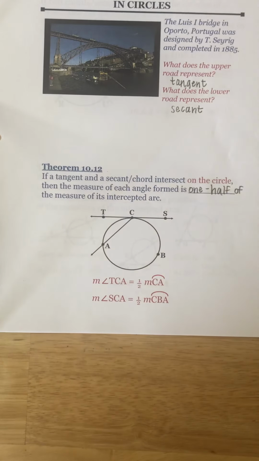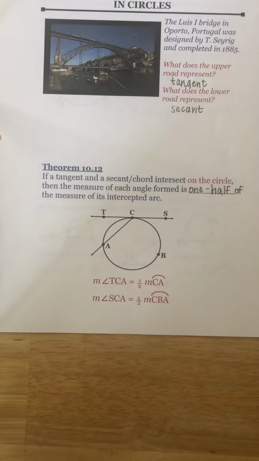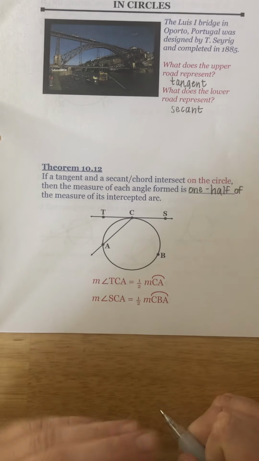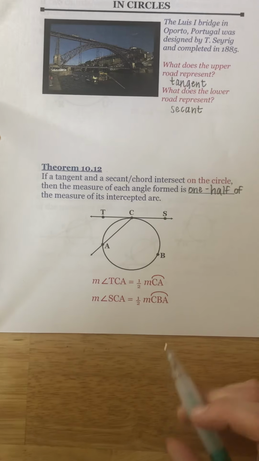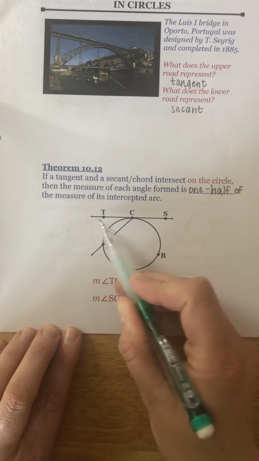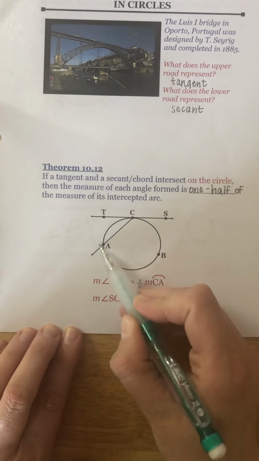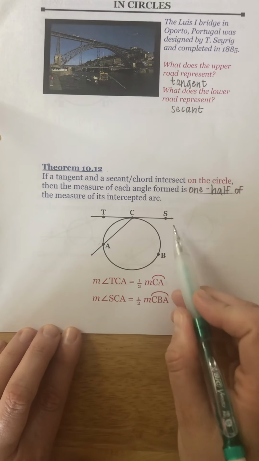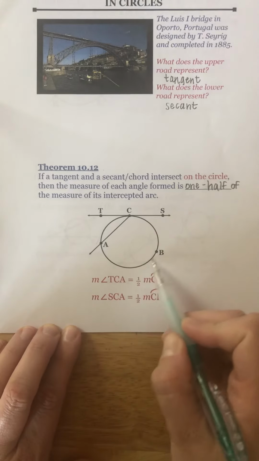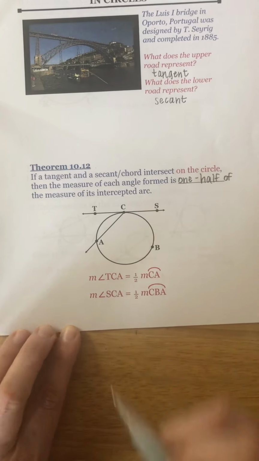If you have a tangent and a secant, or a tangent and a chord, and they are intersecting directly on the circle, then the arc that they intercept, the angle is 1/2 of the arc. So in this particular picture, this angle TCA would be half of the measure of this arc, whereas this angle on the other side would be half of the measure of its intercepted arc.